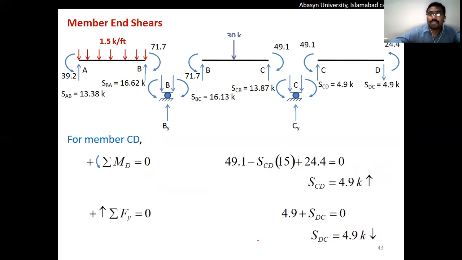The same procedure is repeated for the third member of the frame, which is CD. Shear at CD comes out to be 4.9 kips, and shear in DC comes out to be 4.9 kips, but it will be in the negative direction, so it indicates that it acts downwards. So it has been represented here.